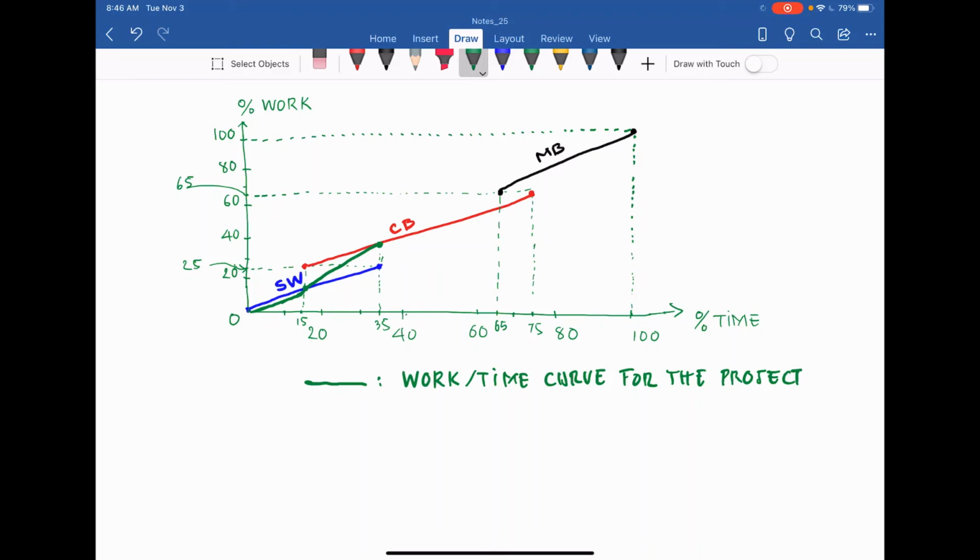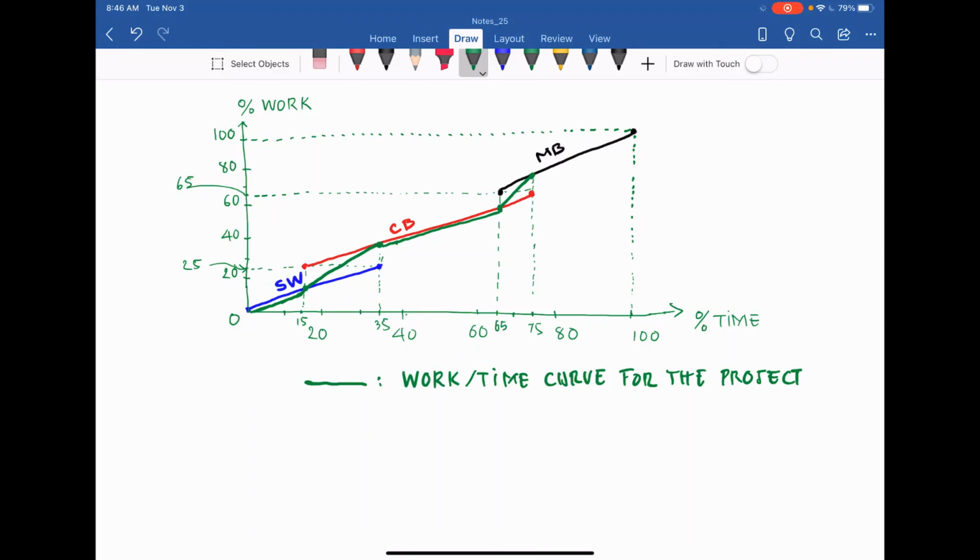Between 35 and 65% of time, you see only the concrete building, with no other overlap. So the project curve for the work time relationship is the same as the concrete building. Similarly, for the overlap at 65 and 75% of time, we have concrete building and metal building, so we can have the overlap at that point and draw a straight line going up there.